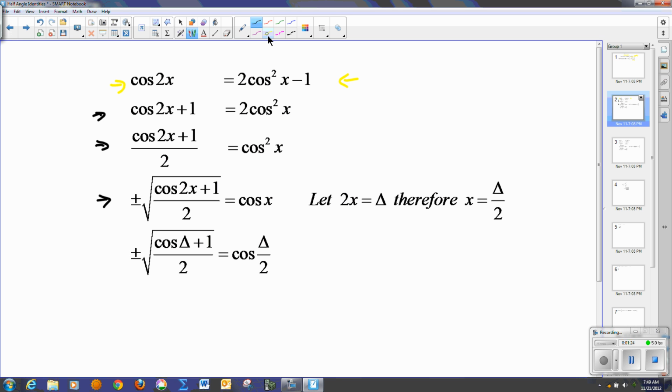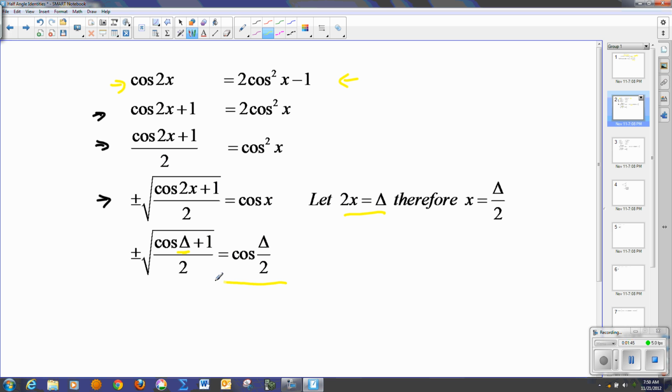If we decide to let 2x equal delta, then by dividing we can say x is equal to delta over 2. So now let's make some substitutions. I know that 2x equals delta, so I've made that substitution right here, and x is equal to delta over 2.